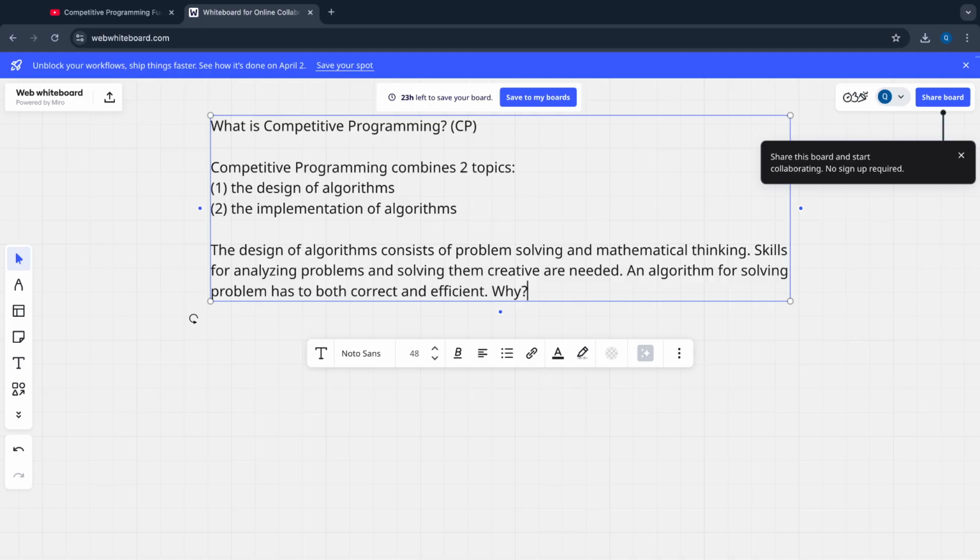Mostly when you learn this subject, you have to participate in a coding contest where you have to solve multiple problems as fast as you can, and your algorithm has to be both correct and efficient in order to get the maximum score.